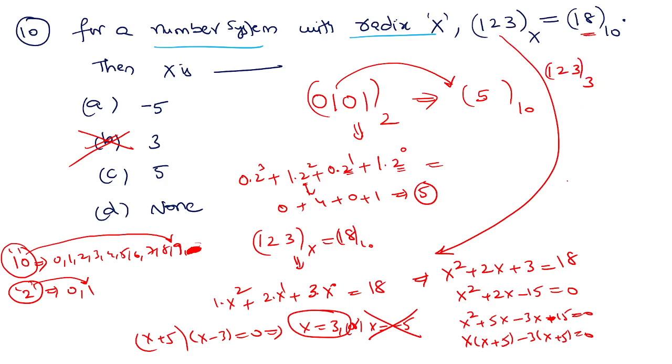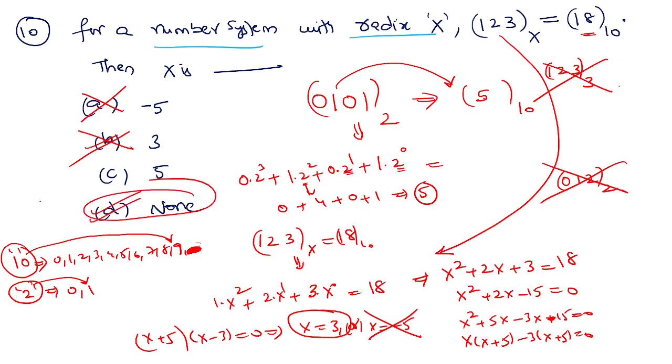Are you getting it? It's like saying 0, 1, 2 base 2. Does 0, 1, 2 base 2 exist in binary? No. This also cannot exist. So, neither this nor this. So, option D, none. There is no solution for this.